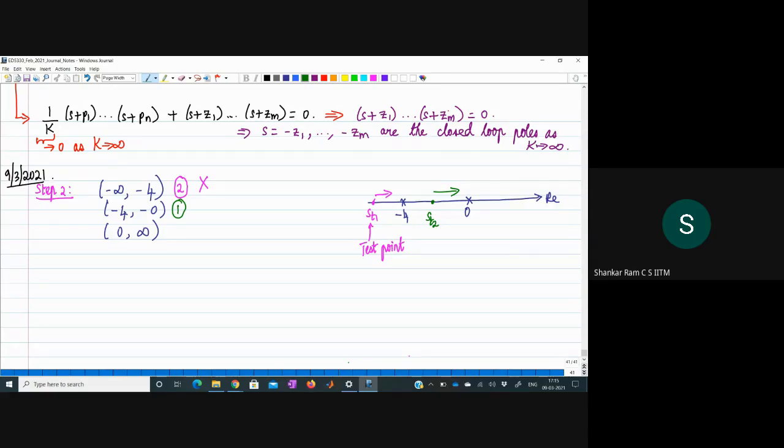So the total number of real open loop poles and open loop zeros to the right of ST2 is 1. Consequently, this test point ST2 does lie on the root locus, and so the region -4 to 0 lies on the root locus.